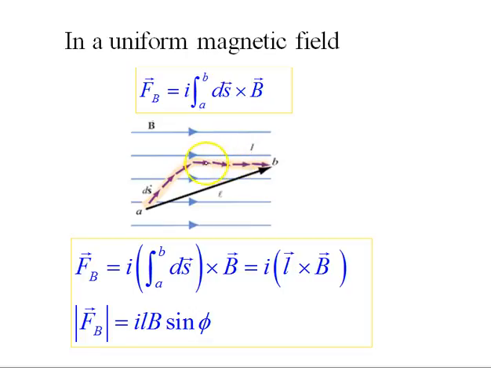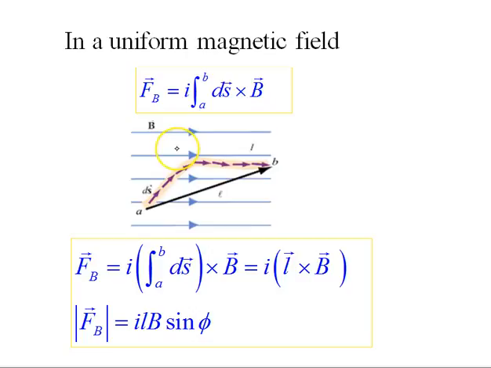If we look here, this segment of current seems to be going in the same direction as the magnetic field. So the force on this segment of wire will be close to zero. The force on this segment of wire will still be perpendicular to both the magnetic field, we can do it with our right-hand rule, and perpendicular to the current.